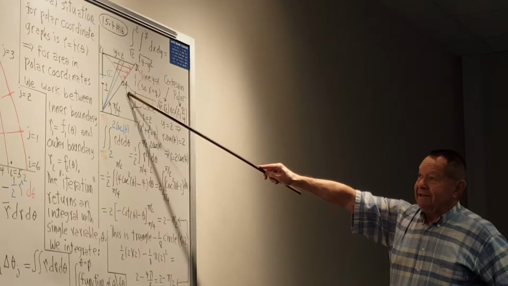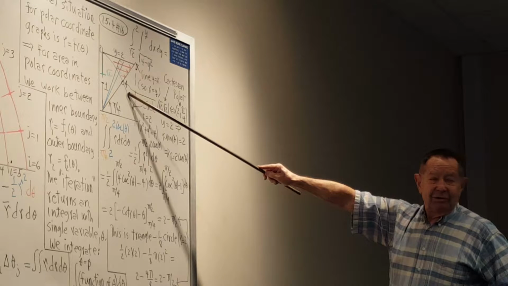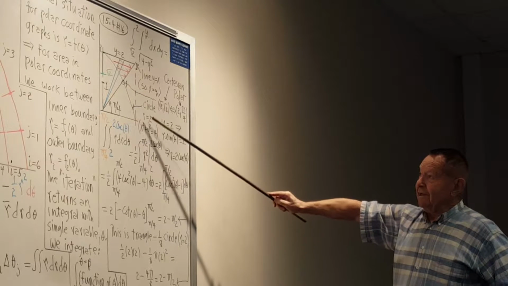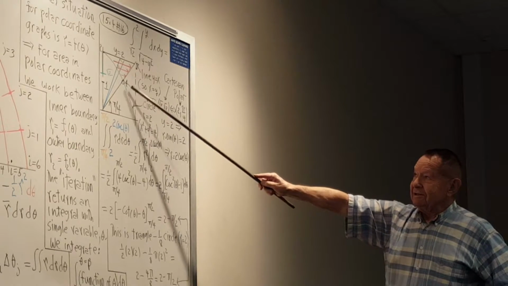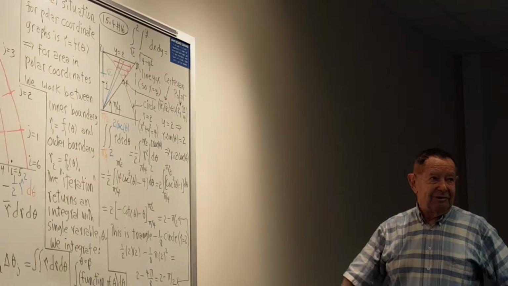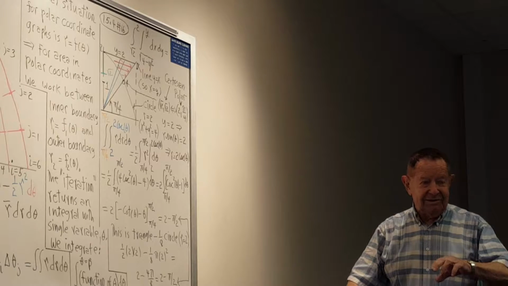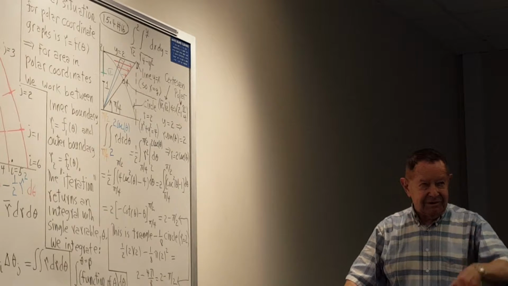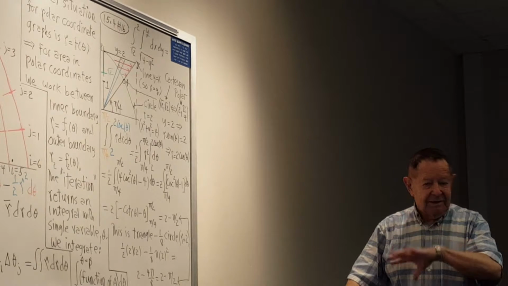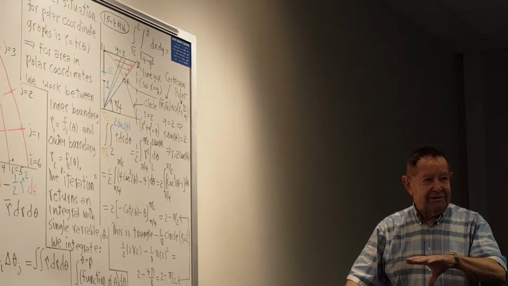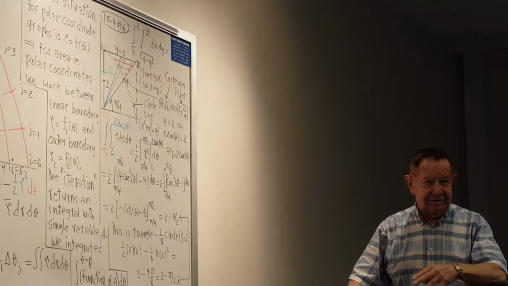Well, that's a lot easier to change to polar coordinates. The circle with radius 2 is just simply r equals 2 in polar coordinates. R equals a constant graphs to a circle, where the pole is the center of the circle and the constant is the radius.